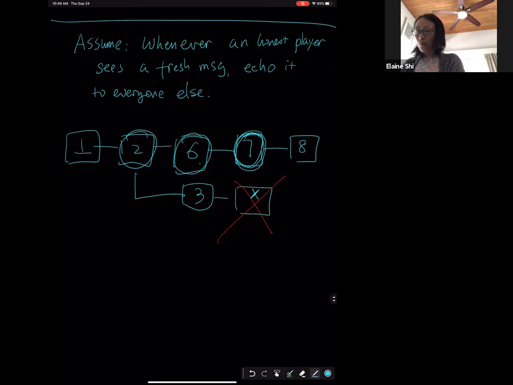I will just prove it for these specific numbers, but the proof can be generalized to any 3 consecutive epoch numbers. There's no reason why they have to be 6, 7, or 8. It can be E plus 1, E plus 2. But just for simplicity, let me prove it assuming it's 6, 7, and 8.